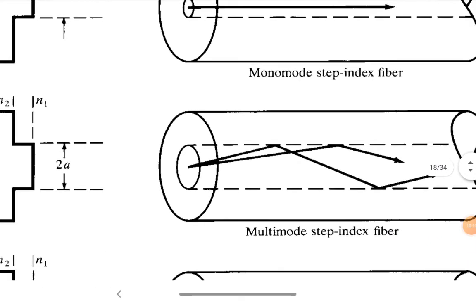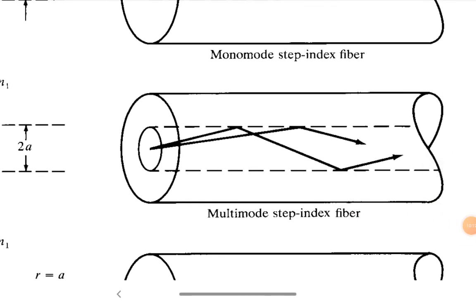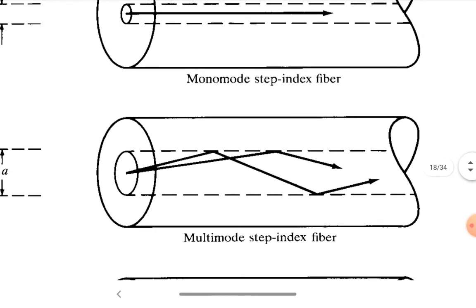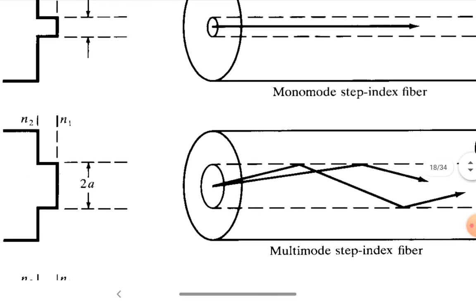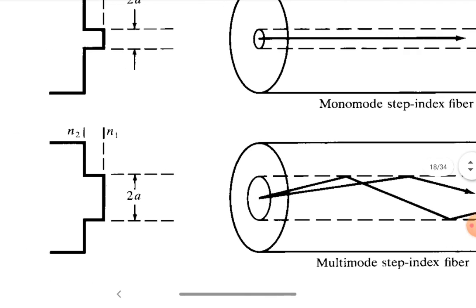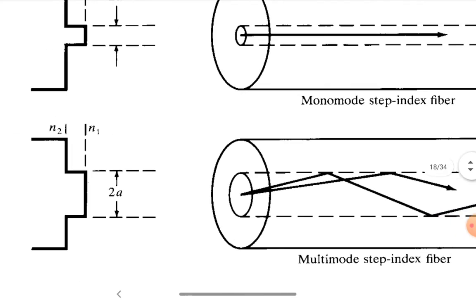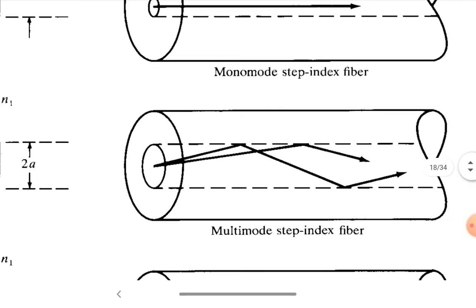Next is the multi-mode step index fiber. Multi-mode means there will be different modes available, that is, more than one ray we are transferring through the core. So you can see the multiple rays we can transfer through this. N1 is the refractive index of the core, and N2 is the refractive index of the cladding.